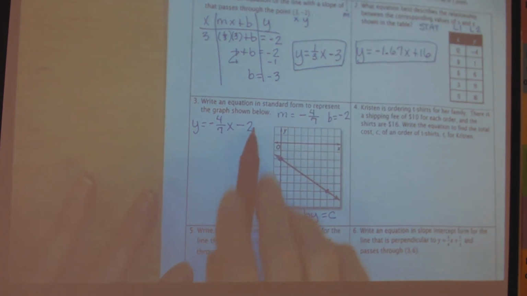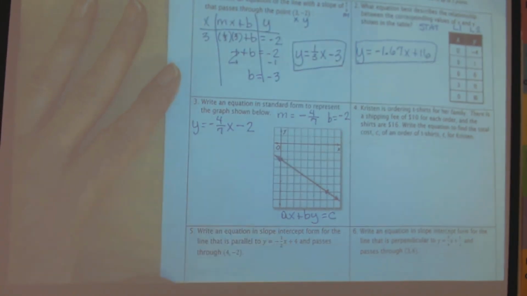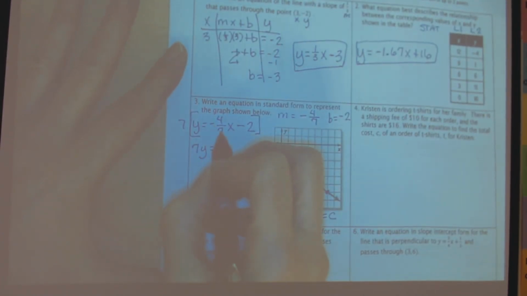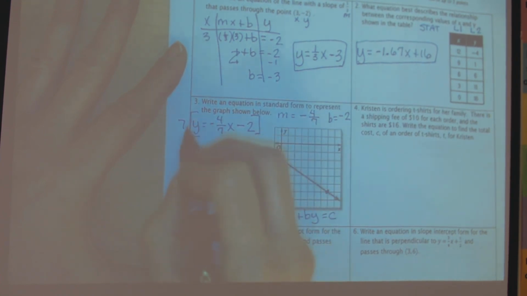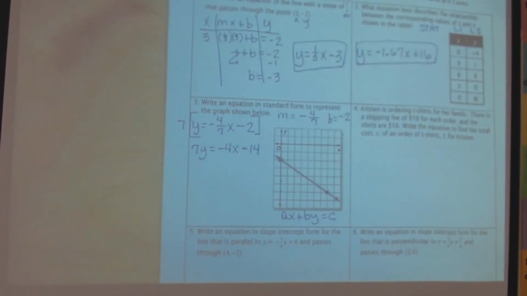Well, the first thing I see is that I have a fraction, so I need to multiply everything by that denominator, which is 7. So I end up with 7y equals, now I got rid of the 7, but I'm keeping the negative sign, so I have -4x, and then 7 times -2 is -14.